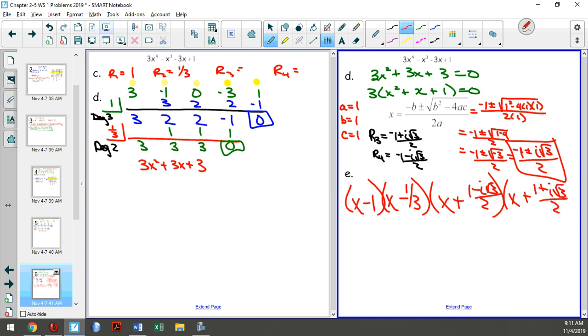And those should both be minus. I don't know what I was thinking. Oh, I forgot my parentheses. Okay, do we all see that? Yes or no?